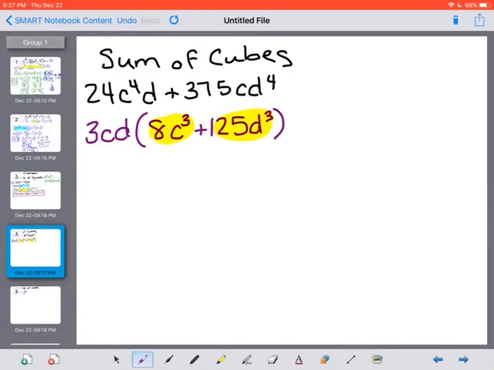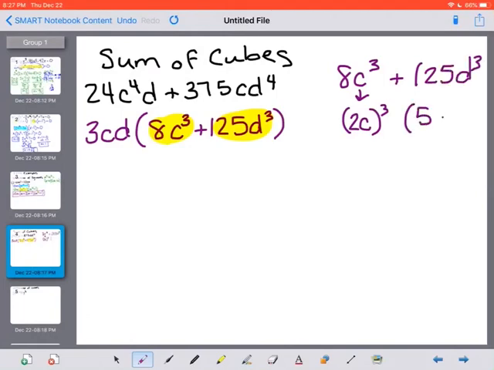So I'm just going to do that over here. 8c cubed can turn into 2c, cubed. And then 125d cubed is really 5d, cubed. So this is my A and this is my B.